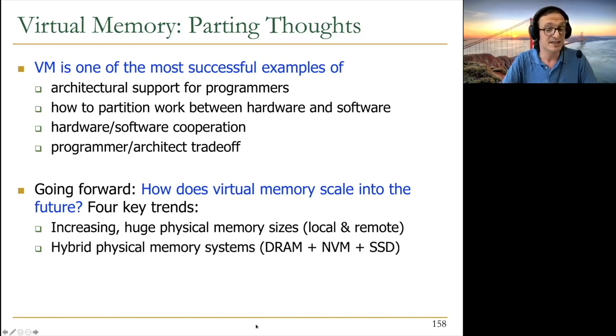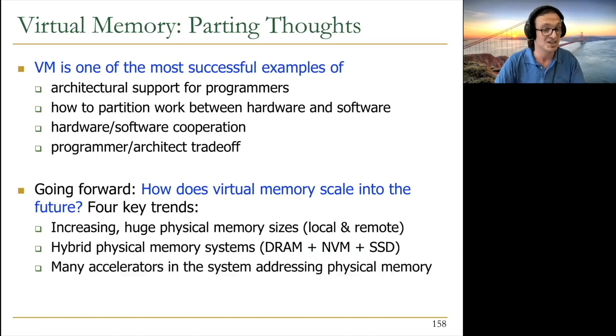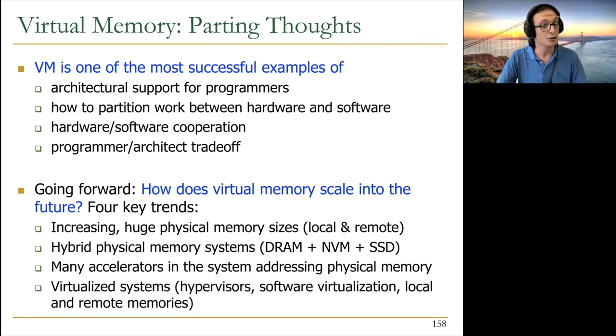We have hybrid physical memory systems, DRAM, NVMe, SSDs, and we want to increasingly manage everything using a single memory abstraction. There are many accelerators in the system addressing physical memory. They want to be part of the virtual memory. And there are virtualized systems, like I showed you earlier, hardware hypervisors, software virtualization, local and remote memories. So how does it scale into the future? The management is actually quite complex overall. So it's not going to scale very well.